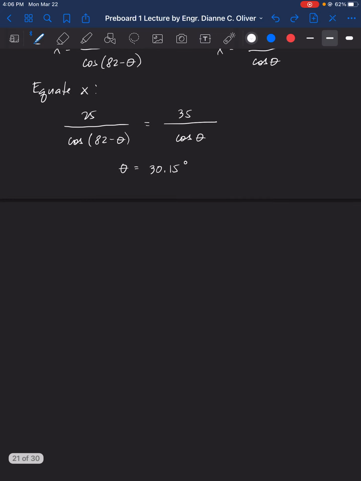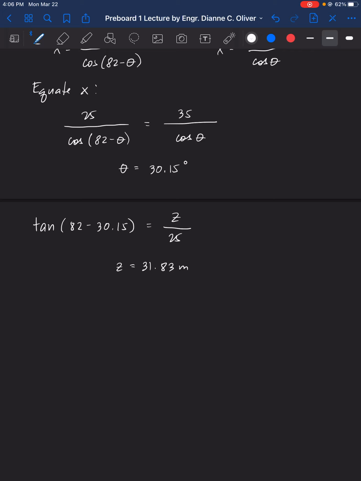Okay. So we have here tangent of 82 minus 30.15 is equal to the opposite z all over the adjacent 25. So z is now equal to 31.83 meters.